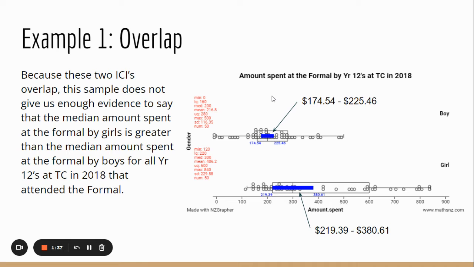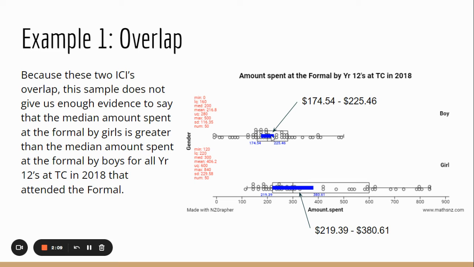So here's example 1. In this example, they overlap. All right, the end of this blue area is 225.46. The start of this one is 219. So there is a point of overlap of these two blue lines. Now, because these two blue lines overlap, we don't have enough evidence, we cannot make a call on the population, because we're saying that the median is in this group somewhere and the median is in this group.